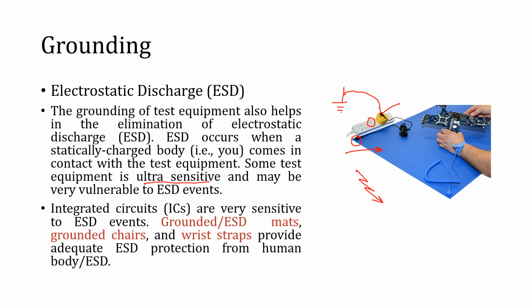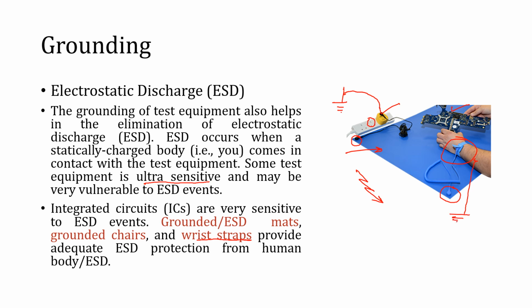Before handling this device, which is very sensitive, we have to wrap around a wrist strap. Like in this example, on the wrist, that person is wearing a wrist strap. This wrist strap is also further connected to this mat. So it means now our body is also properly earth grounded.